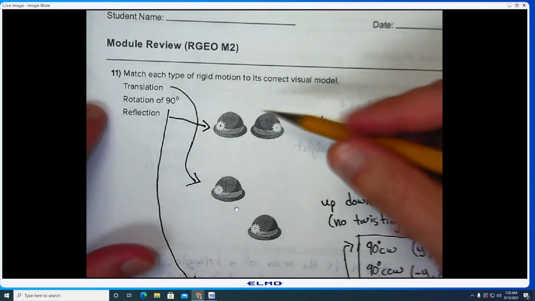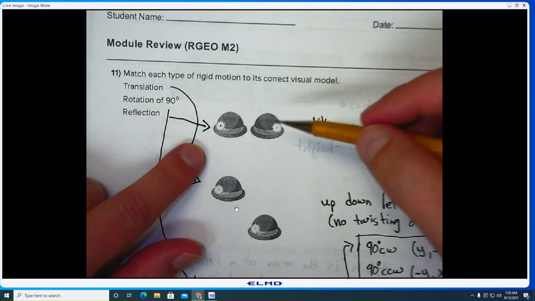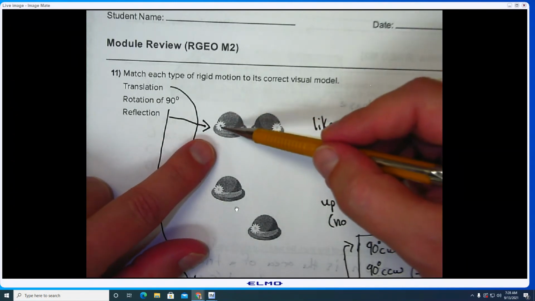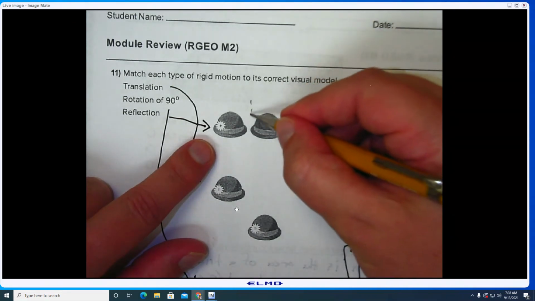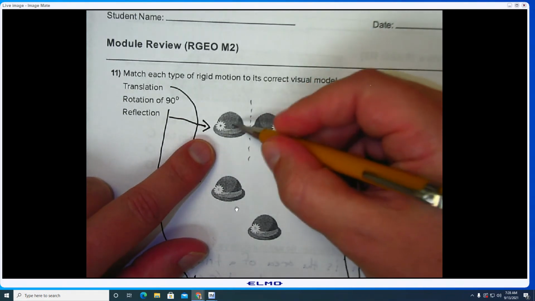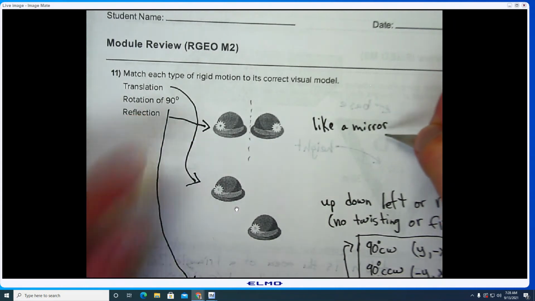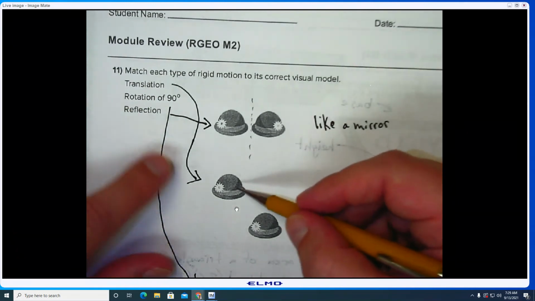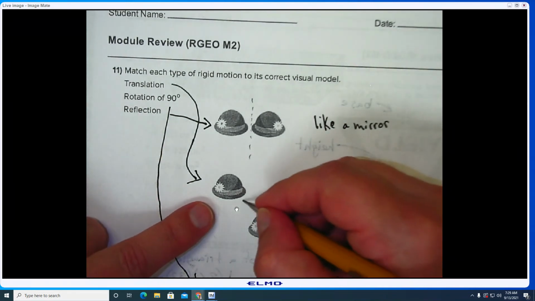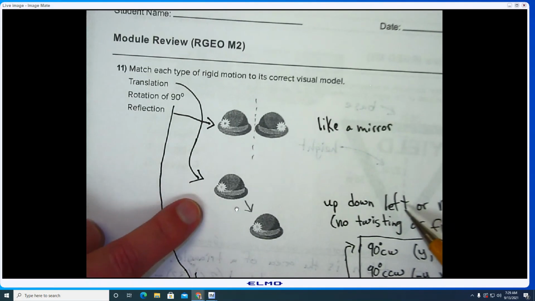I'll just start from top to bottom. Reflection. Notice where the flower is and how it looks like there was a mirror in the center and it got reflected to the other side. Reflection is like a mirror. The next one, notice it had a direct movement up, down, left, or right, or any combination of those two.